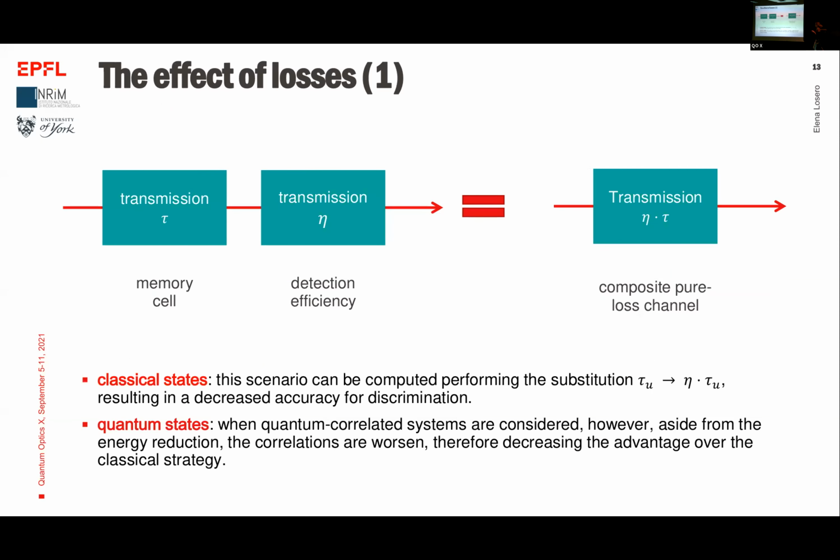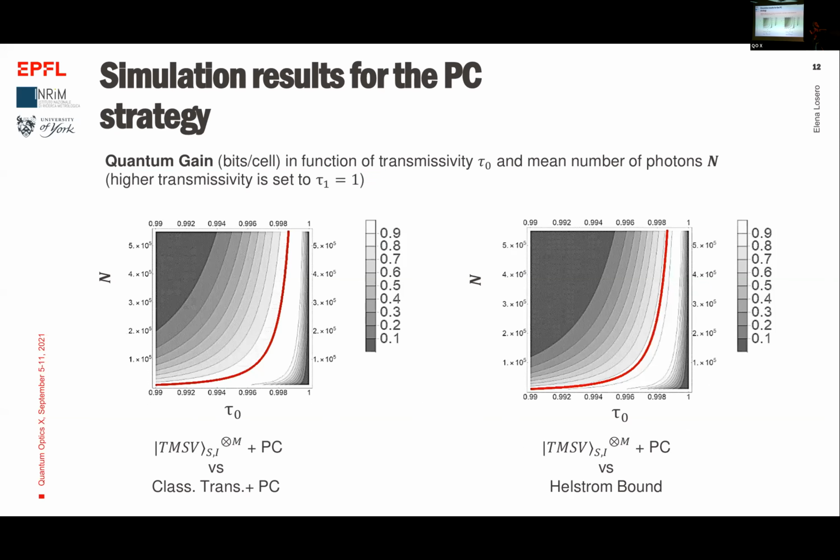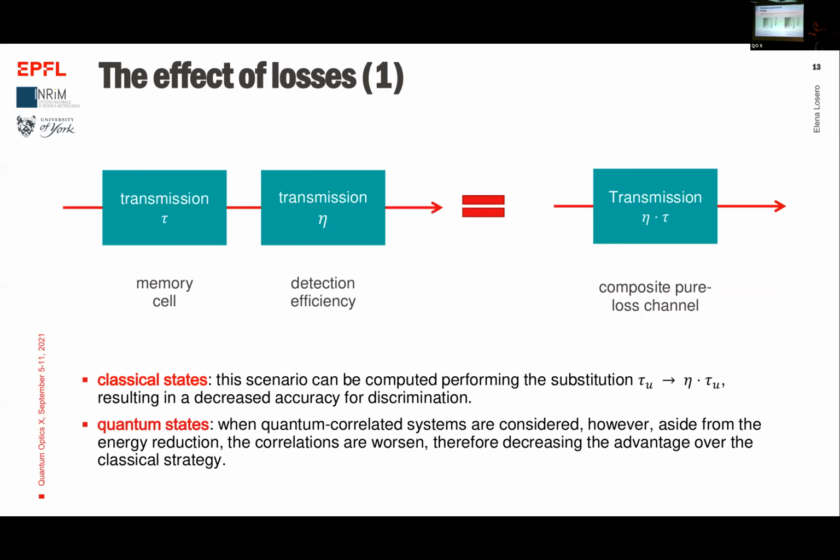But till now, everything was ideal. So these plots here were obtained with an efficiency equal to 1. But this is not the case in the real experiment. So what we did next was to model also the role of the losses. In an optical setup, there are losses, for example, in the optical components.